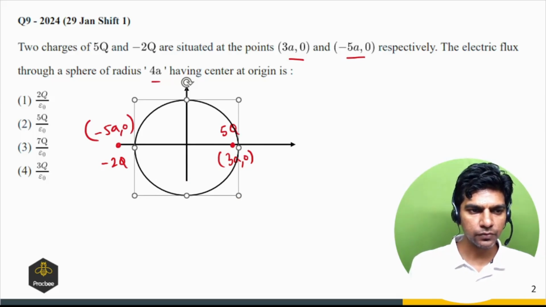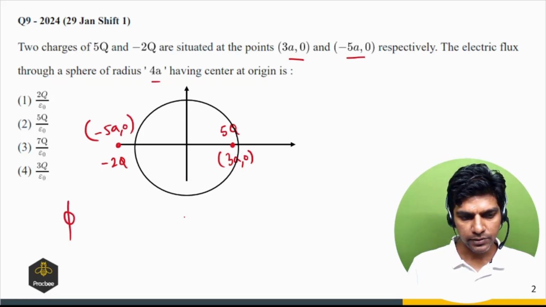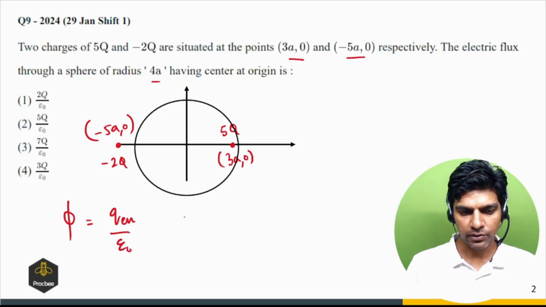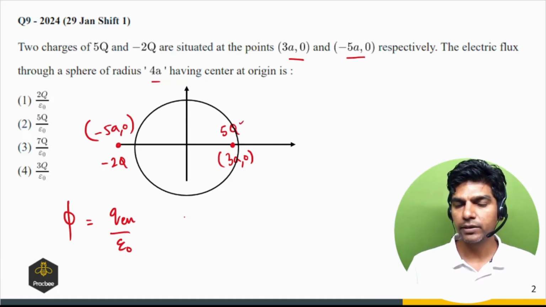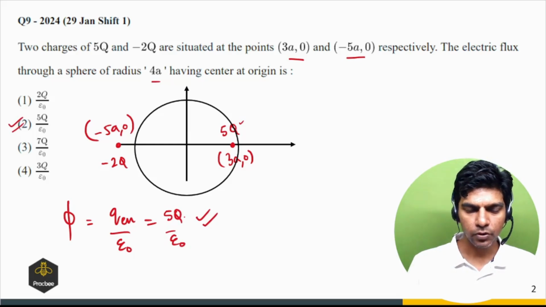For this Gaussian surface, by Gauss's law, the flux through the closed surface will be given as Q enclosed by epsilon naught. So how much charge is being enclosed by this Gaussian surface? It will be nothing but 5q, because minus 2q is outside. So it will be 5q by epsilon naught. So this is the answer, option 2.